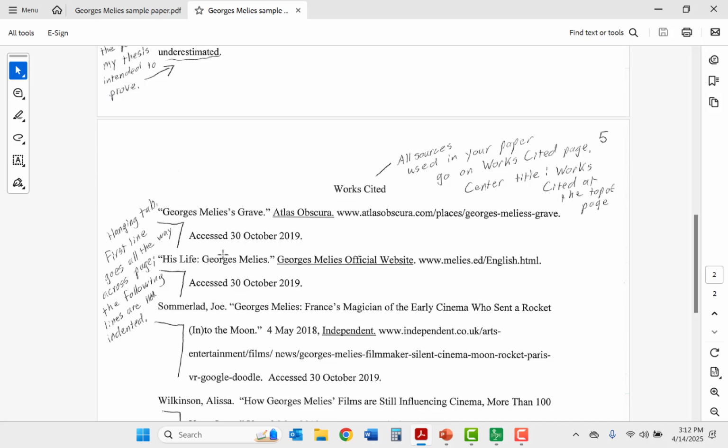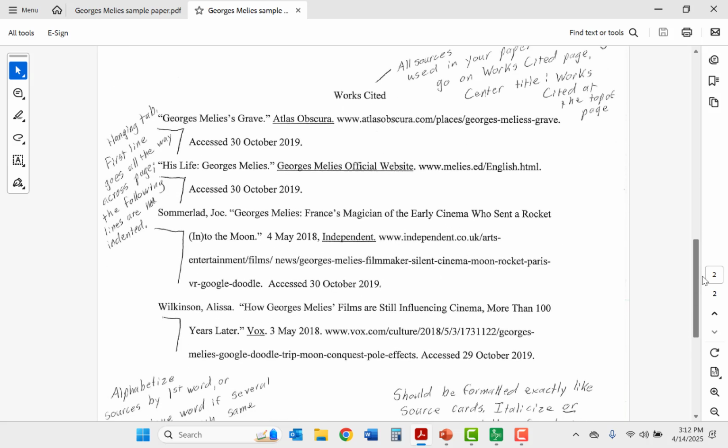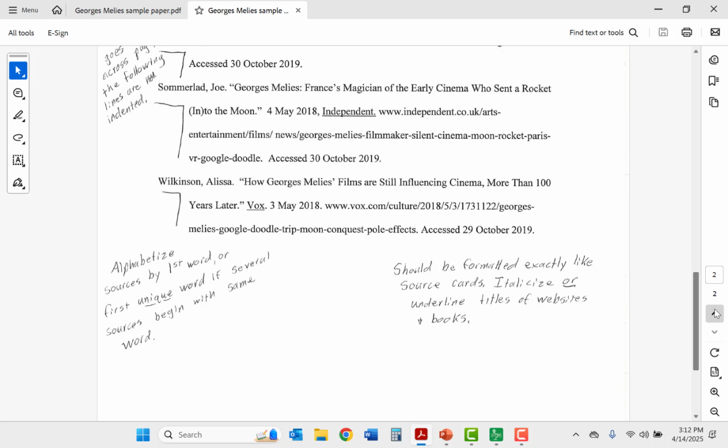Okay, and so you can see these I've gotten from my source cards. I've got the hanging tab just like I did when I made my source card. They're alphabetized G, H, S, W by the author's last name or the first word that's there. Okay, and we've probably talked about all of this in class already.